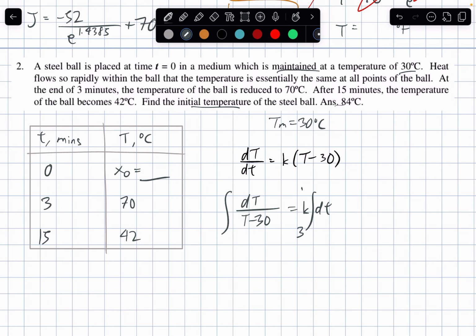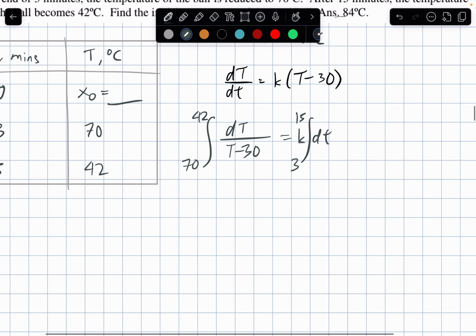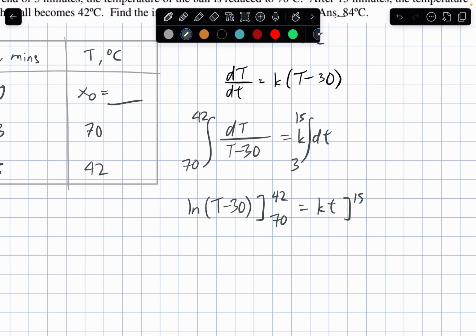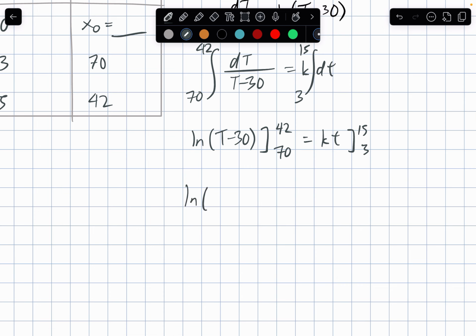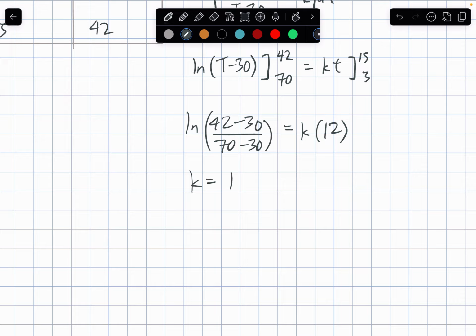Okay. 3, 15, 70, 42. ln T minus 30, from 70 to 42, equals k t from 3 to 15. ln of 42 minus 30 over 70 minus 30. Alright. And then k times 15 minus 3, which is 12. k is equal to ln of 12 over 40 divided by 12.